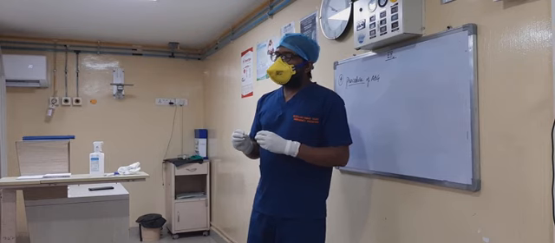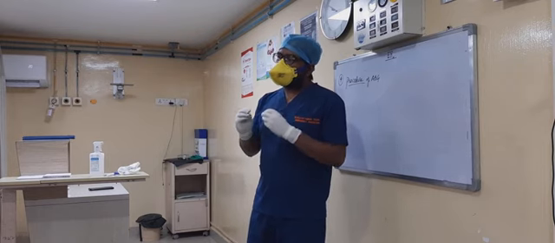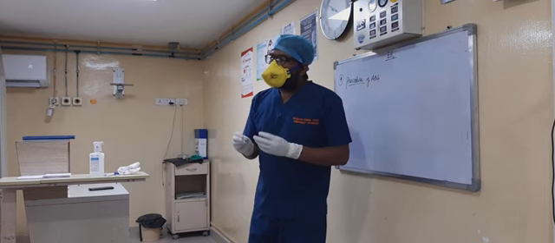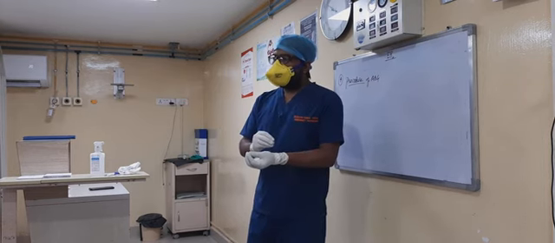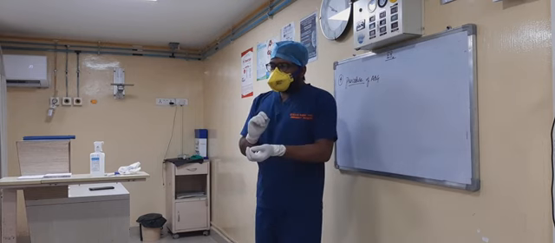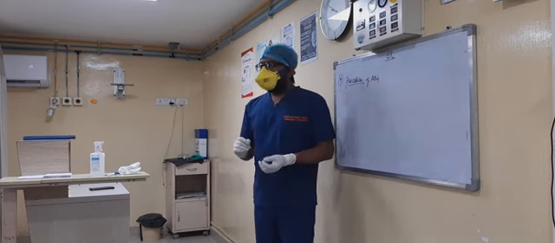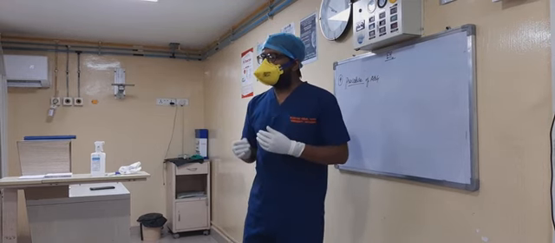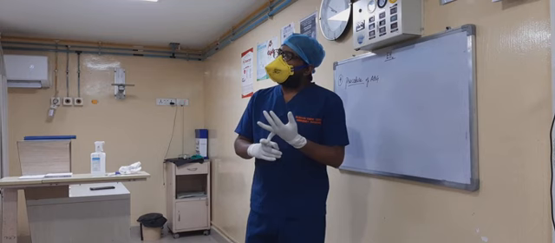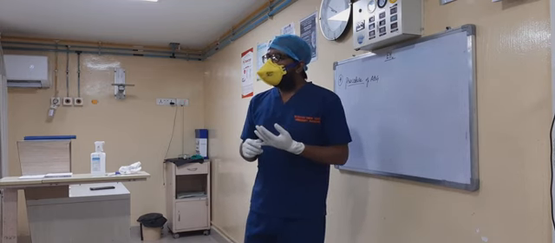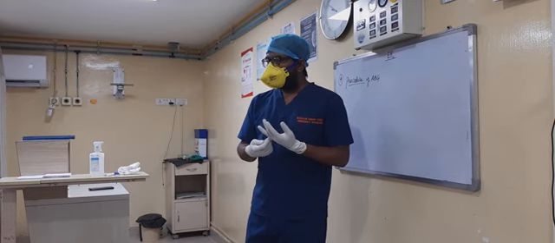I'll make sure it will not cause any discomfort to you. Slight discomfort will be there, but I'll use some local anesthesia and make sure it goes very smoothly. Okay? So before pricking, you have to ask a few things. You have to ask about any contraindications, like, do you have any bleeding disorders? Do you have any clotting disorders?